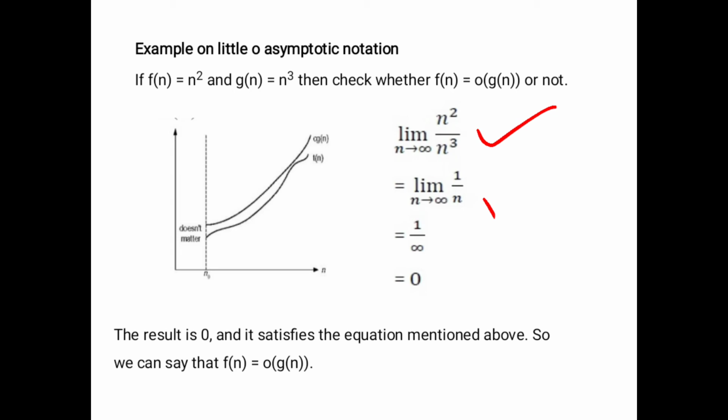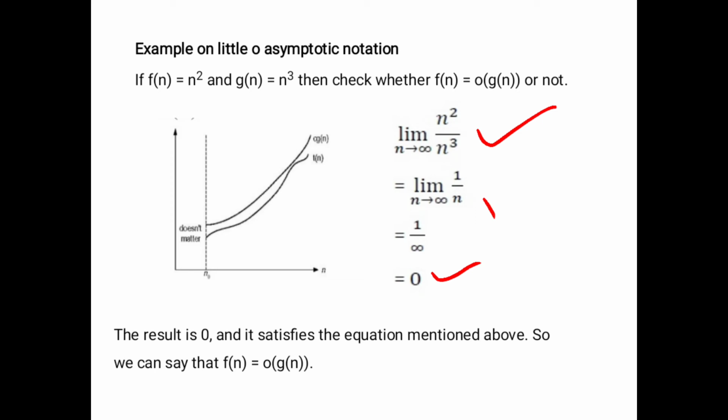That is the reduced value of the above formula. So the limit as n extends to infinity of 1 by n is 0, since 1 divided by infinity gives 0. The result is 0 and satisfies the equation. So f of n equals little o of g of n is satisfied.